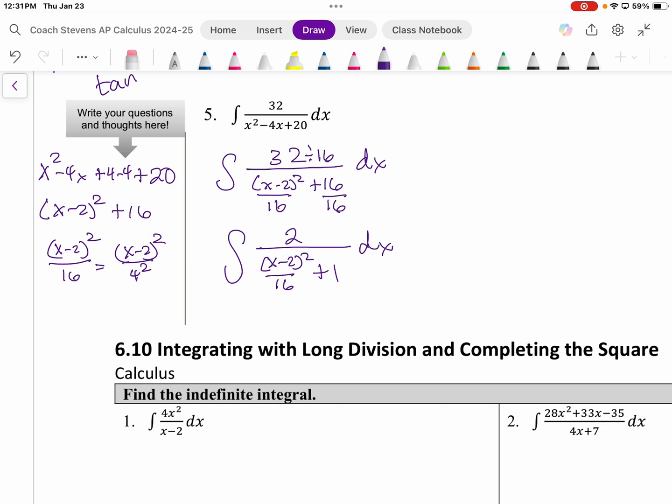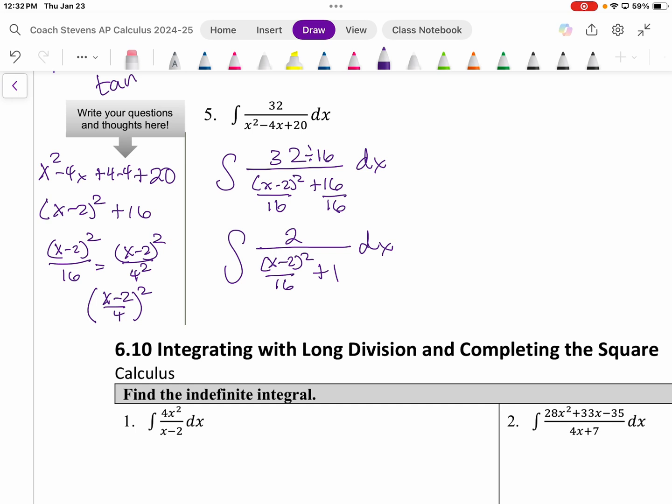Now, since we have the same power, squared and squared, I can rewrite that with bigger parentheses as x minus 2 over 4 quantity squared, using the exponent properties. We learned back in 8th grade, we can take the exponent on the outside of a fraction and distribute it to the numerator and denominator as powers. We're just reversing that. I rewrite the 16 to match my powers, then I can encompass it all underneath one thing. Now I have my nice u being squared.